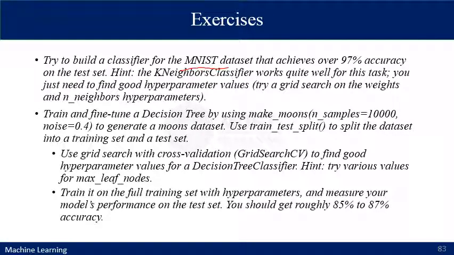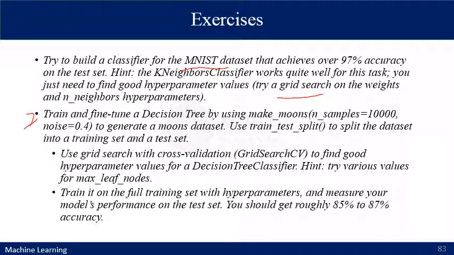Try to build a classifier for the MNIST dataset that achieves over 97% accuracy on the test set. The k nearest neighbors classifier works quite well for this task. You just need to find good hyperparameter values. You can try a grid search on the weights and the number of neighbors hyperparameters.